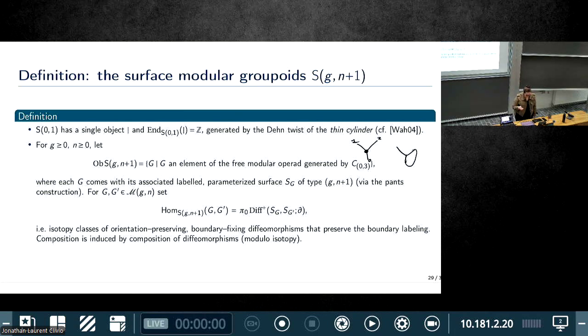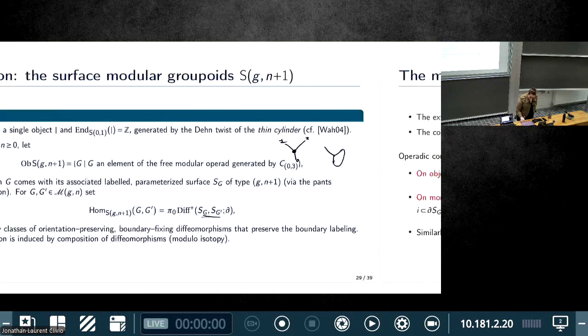Each graph comes together with a labeled parameterized surface, according to whatever my labels were on my graph. My morphisms in the groupoids are then the diffeomorphisms between those two surfaces, right? And I'm computing those at genus 0.